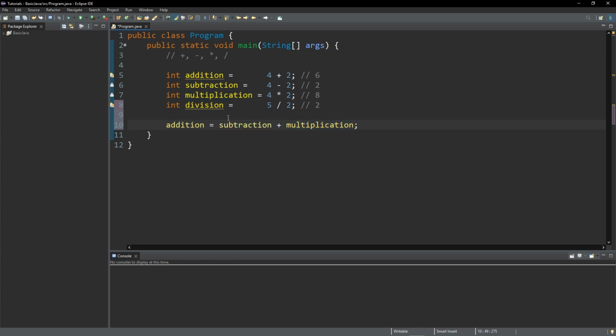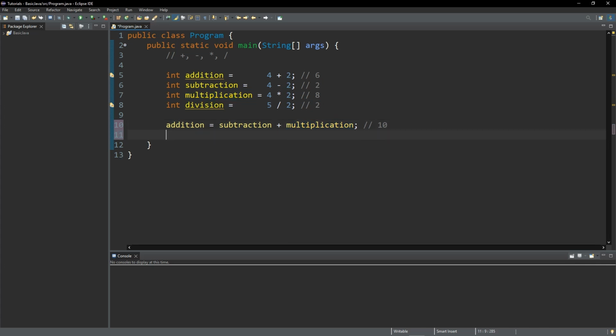You'll notice that the warnings actually went away for subtraction and multiplication because we're now using them. It's not just being set to something, they are actually being used. And so the answer to this is going to be subtraction, which is 2, plus multiplication, which is 8, making addition now equal 10.